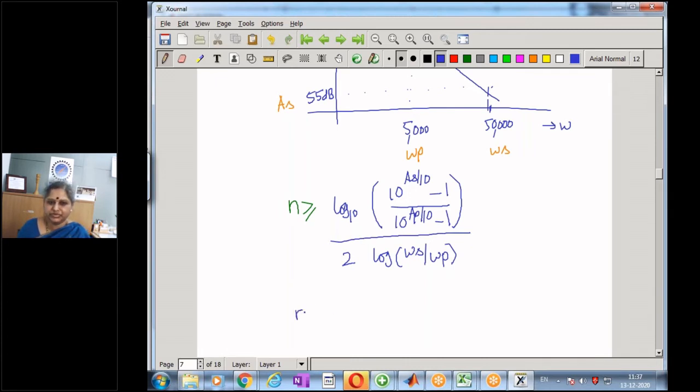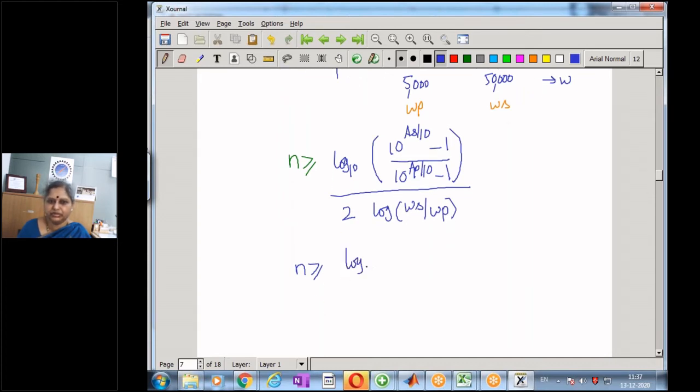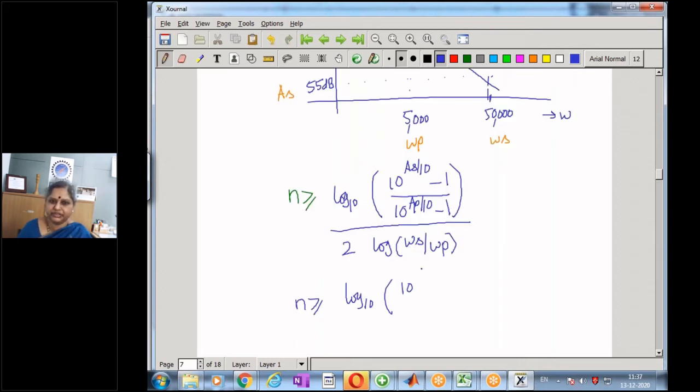Now, substituting the values of whatever is given, we get N greater than or equal to log base 10 of (10 to the power of AS by 10, where my stop band attenuation is 55, so 55 divided by 10, minus 1, divided by 10 to the power of AP by 10, that is 3 by 10, minus 1), whole divided by 2 log of omega S, which is 50,000, divided by omega P, which is 5,000. And let's see what result we get.